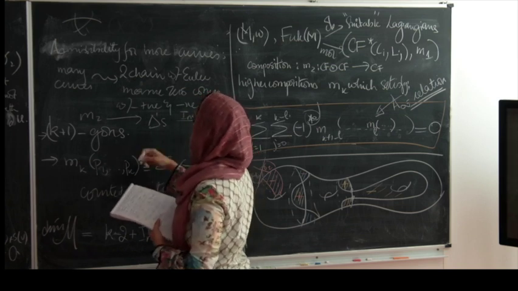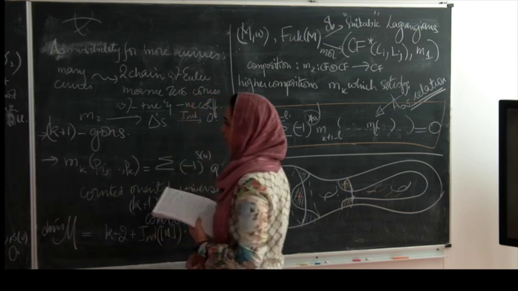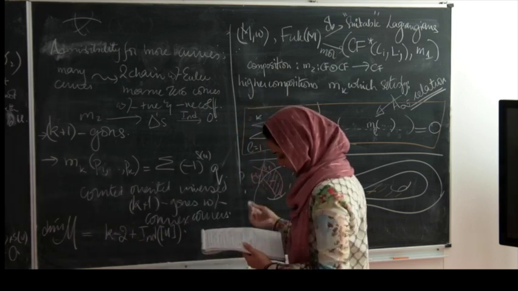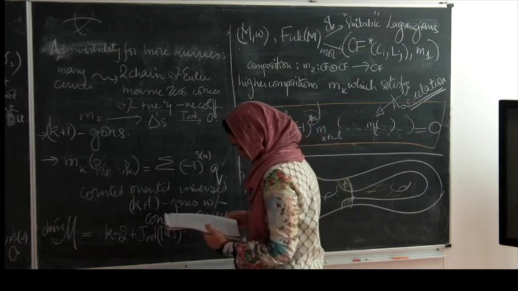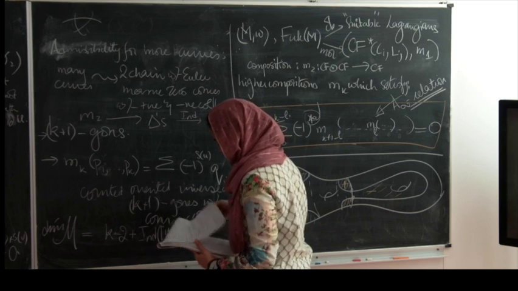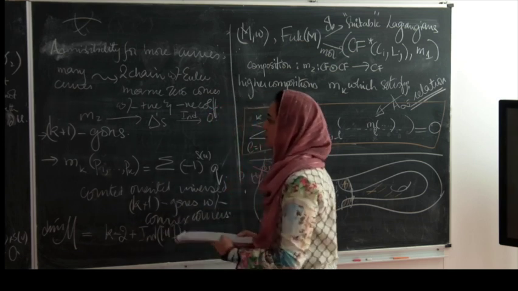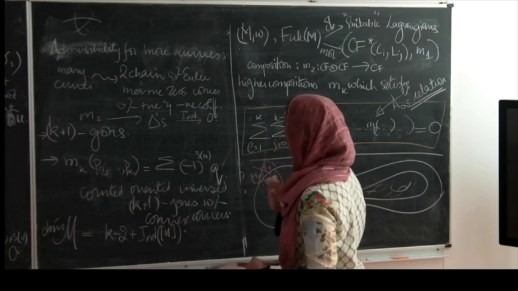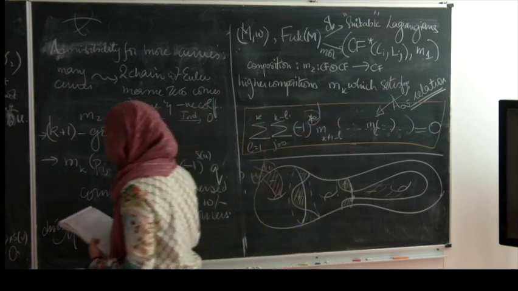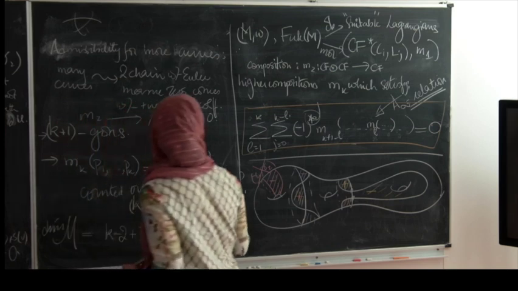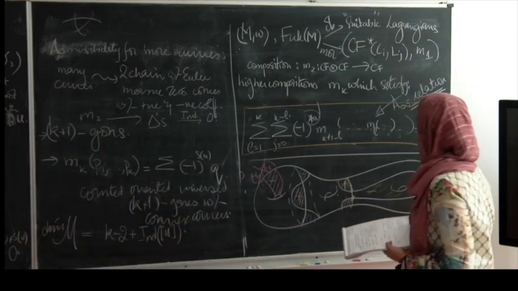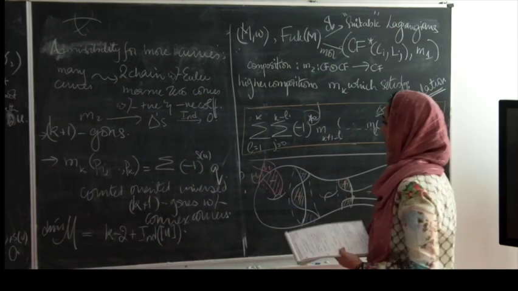For m3, you're counting squares, which are of index minus 1, and so on. Okay, and you can check that this satisfies the infinity relation. So where does this admissibility come into play? Admissibility is required for the following.